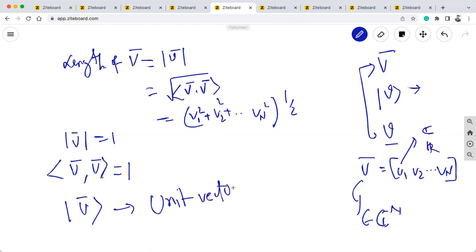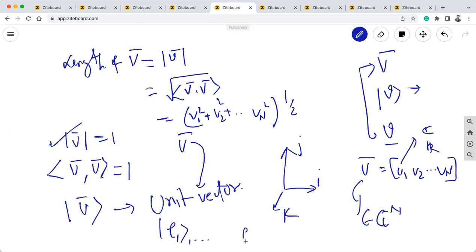If the length is 1, meaning if you take all the components' squares and the square root comes to be 1, then you call the vector v a unit vector. In Euclidean space, the standard unit vectors are i, j, and k. In any Hilbert space, these unit vectors can be ket e1 to ket en, and n can be a finite number or an infinite number as well.